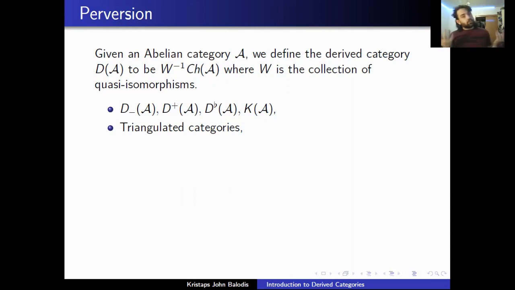And sadly, the answer is no. But we do still have some nice structure, and that is the structure of a triangulated category, which I'm not going to go into today. So while our derived categories may fail to be abelian, they are still triangulated.